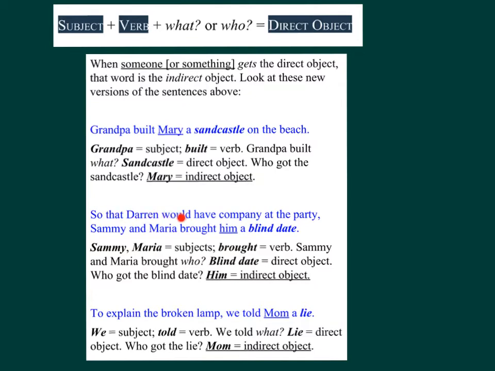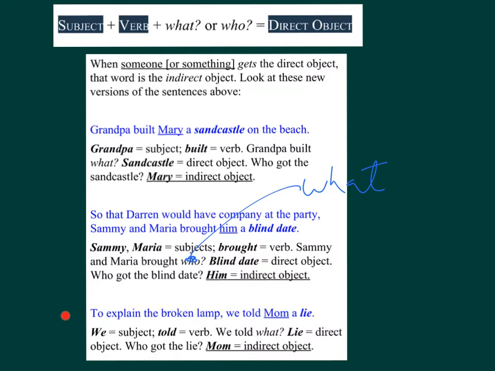Sammy and Maria brought what? They brought a blind date, the direct object. And who got the blind date? It's him, that is Darren.